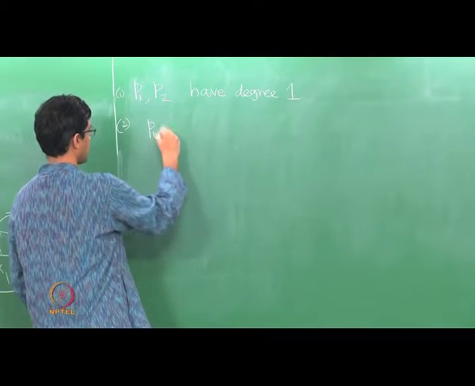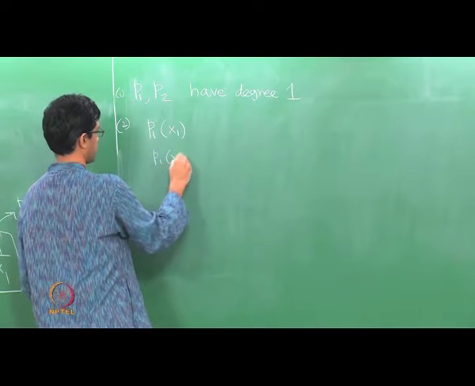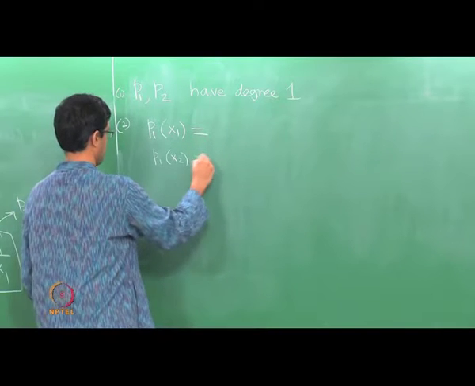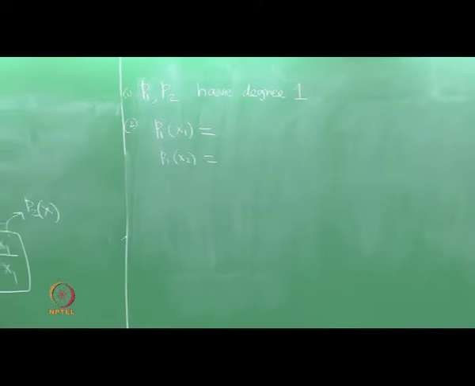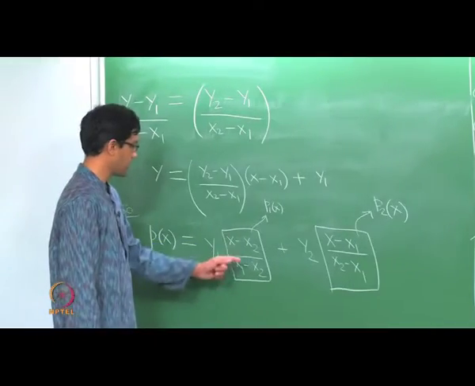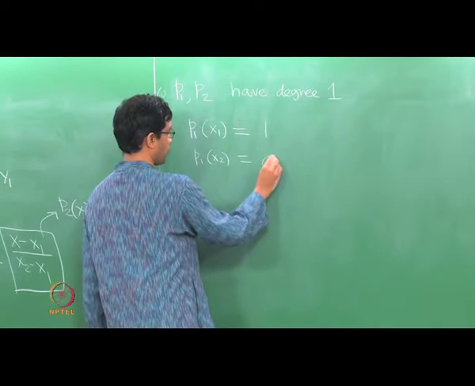If you take p1 and you evaluate it at x1 and x2: if you put x1 for x, then what you get here is just 1, whereas if you put x2 you get a 0.